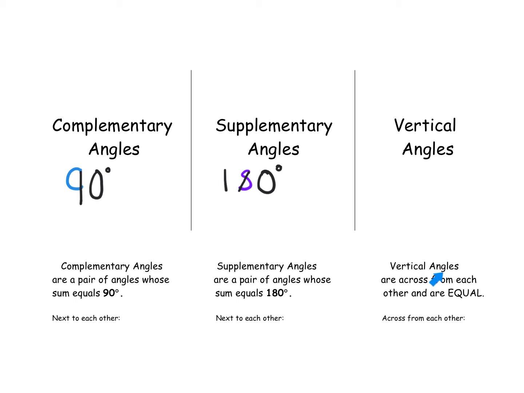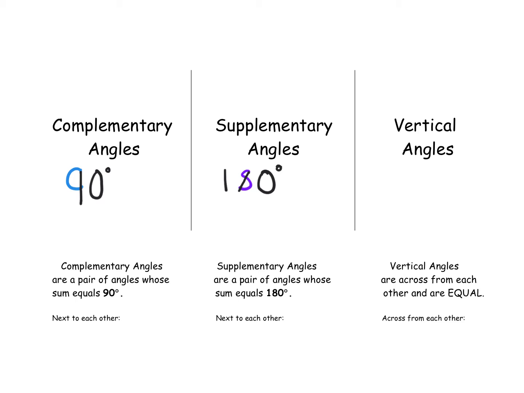Now for vertical angles, vertical angles are across from each other and they're equal, or congruent. So complementary and supplementary add up to either 90 if they're complementary or 180 if they're supplementary, but vertical angles equal each other.